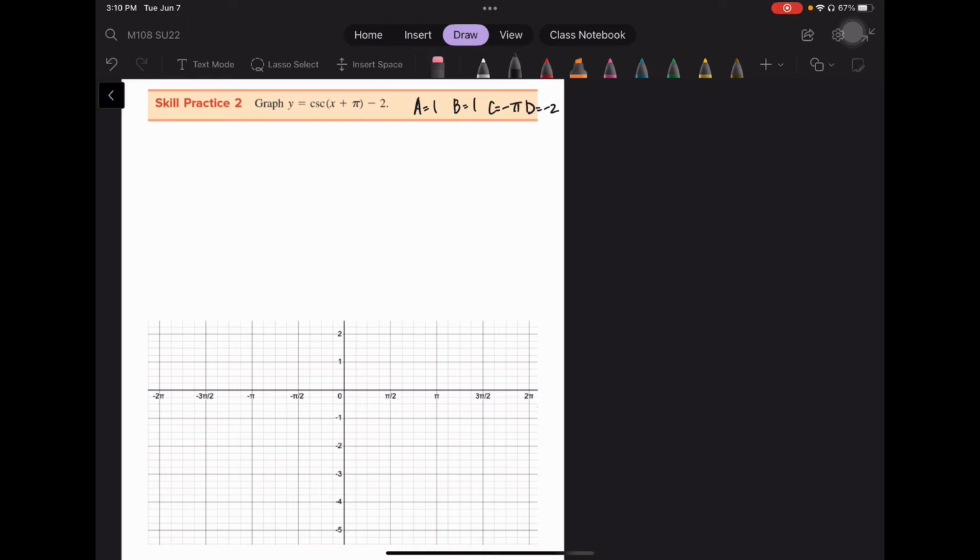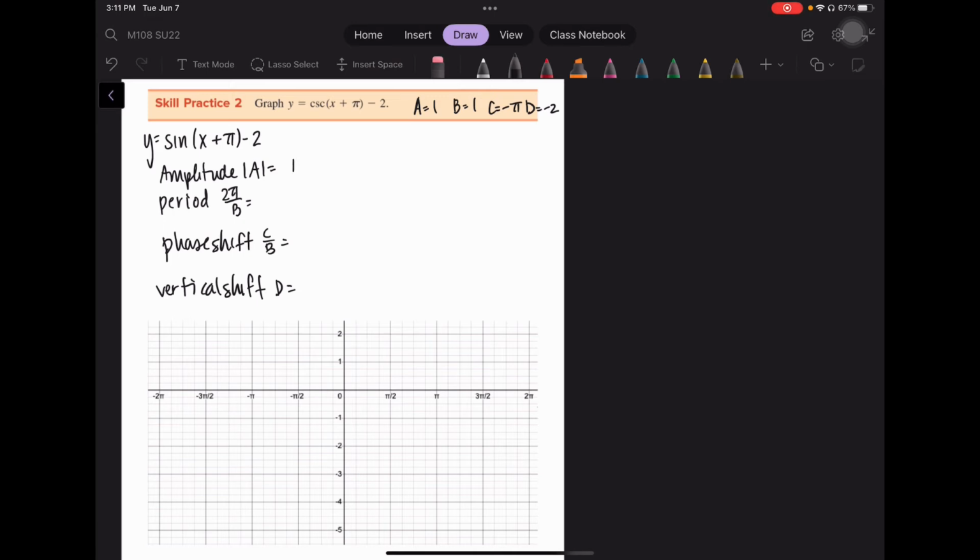Graphing sine, what would the graph of sine look like first? The amplitude here is 1. The period is 2 pi because you have 2 pi over 1. The phase shift is negative pi over 1 or negative pi, and the vertical shift is negative 2.